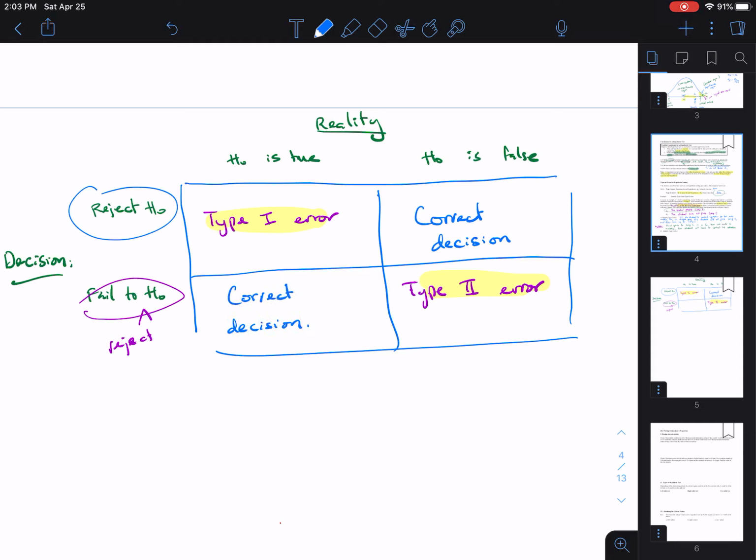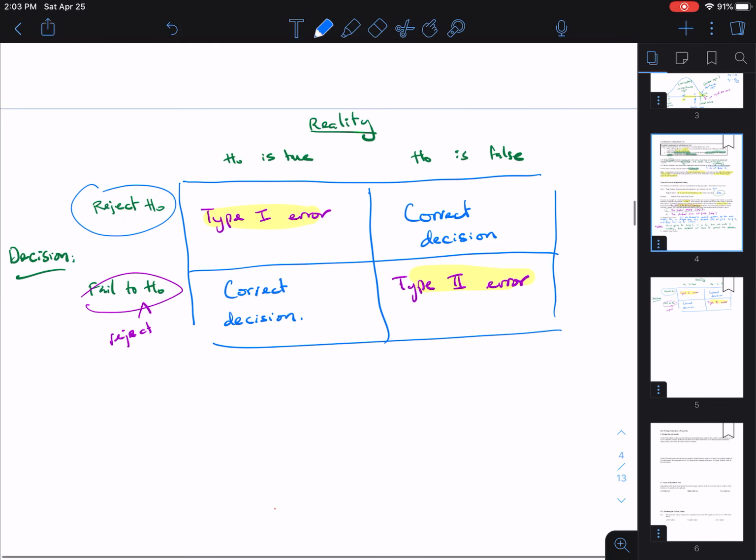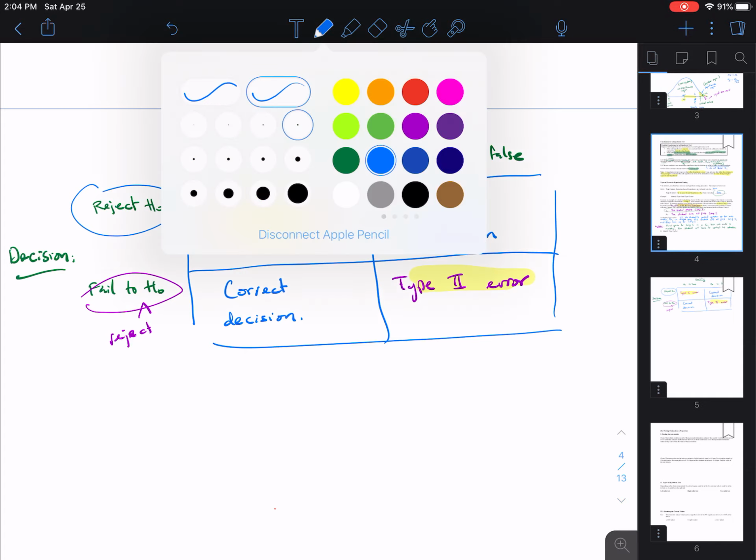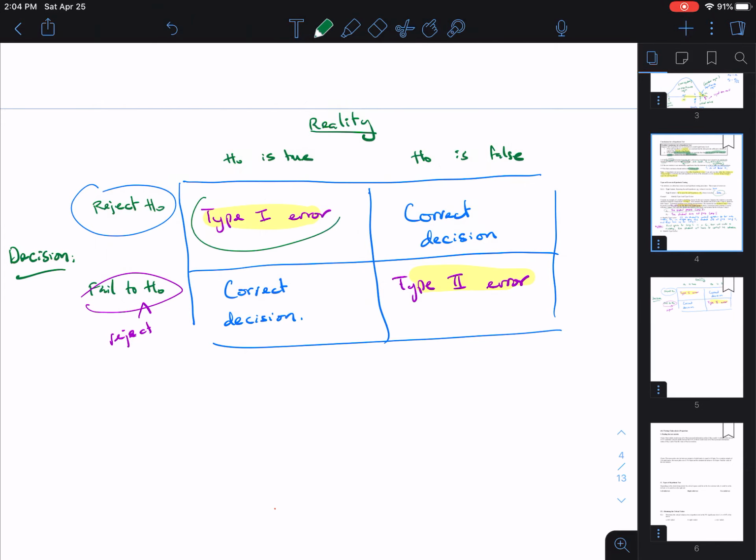So how do we use statistics to avoid these mistakes? The type 1 error is when we reject a statement that is indeed true. We can control this probability.